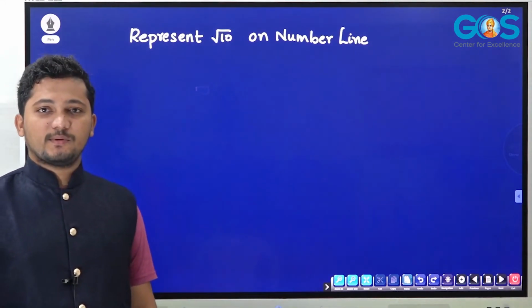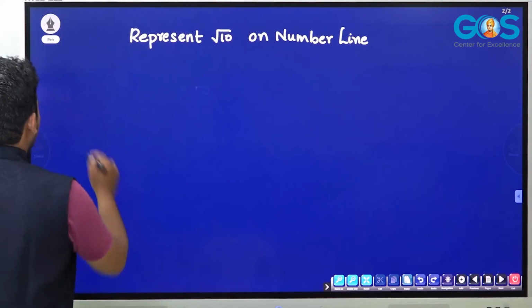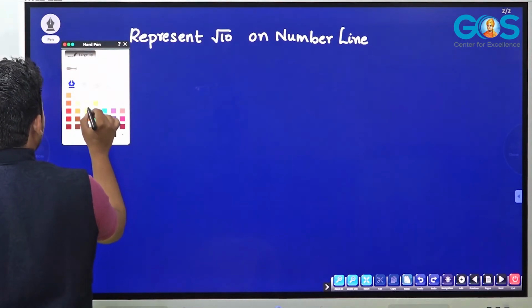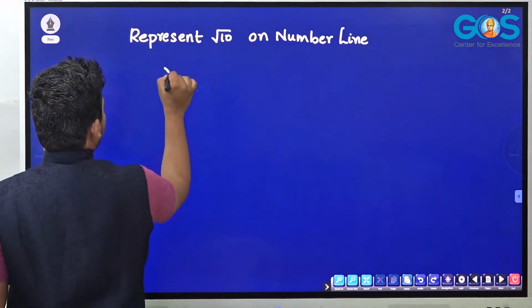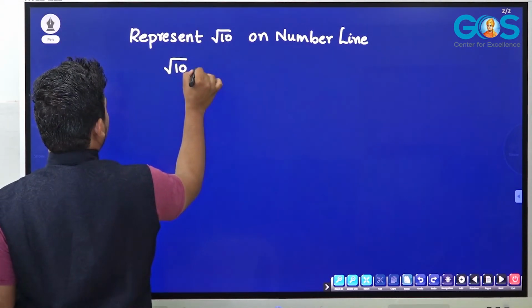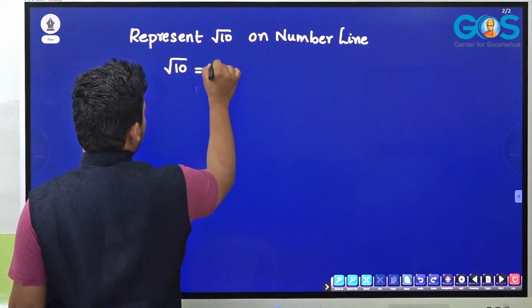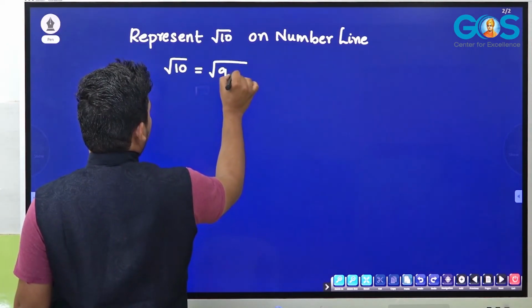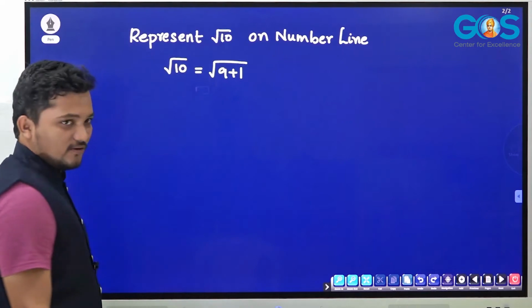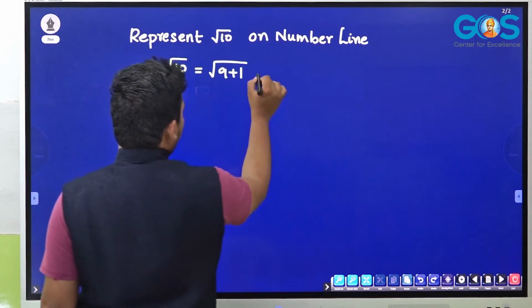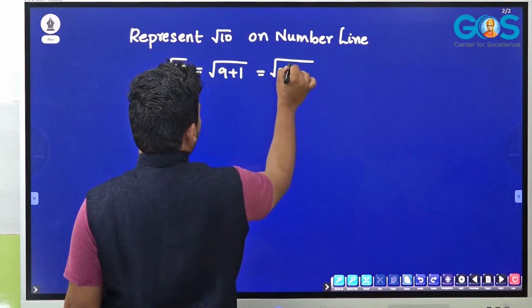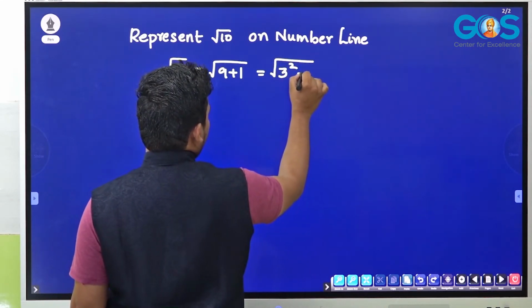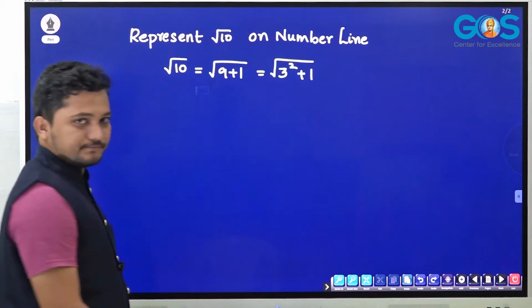Before we represent root 10 on the number line, let us write like this. Root 10 can be written as root of 9 plus 1, and again this 9 can be written as 3 square. 3 square is 9, plus 1.